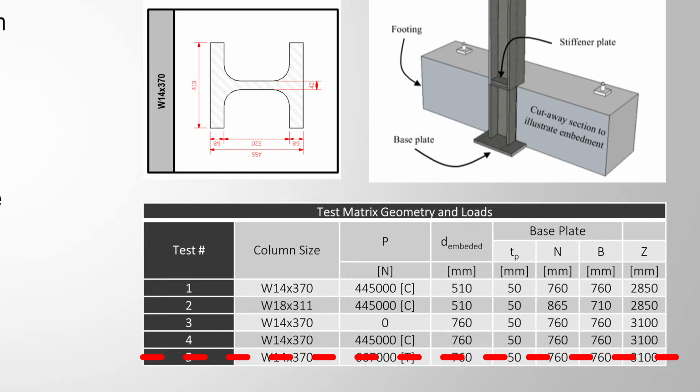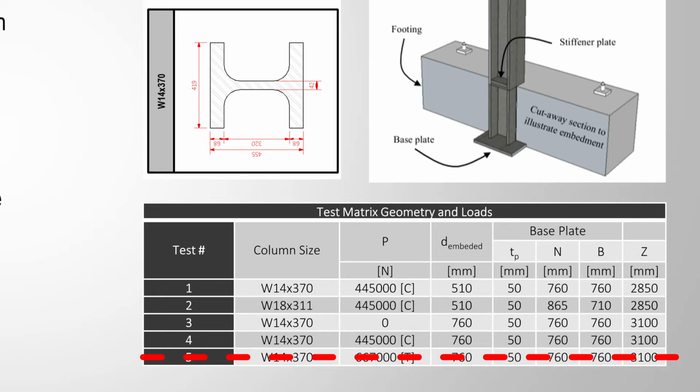In this table, we can see how the test matrix was developed. There were 2 types of columns, a W14 and a W18 with different widths. There were also 2 types of axial loads, and finally there were 2 embedment depths.